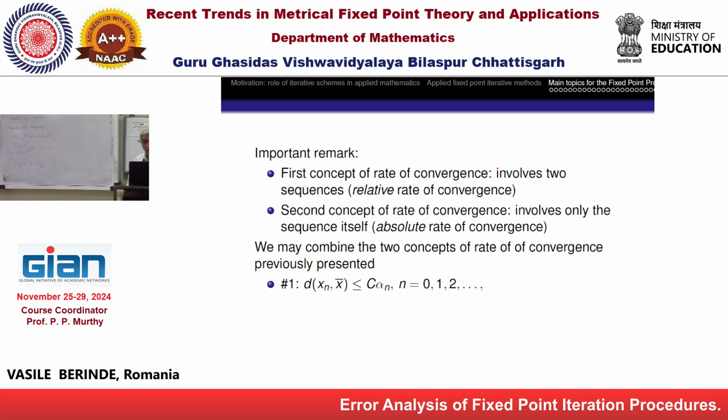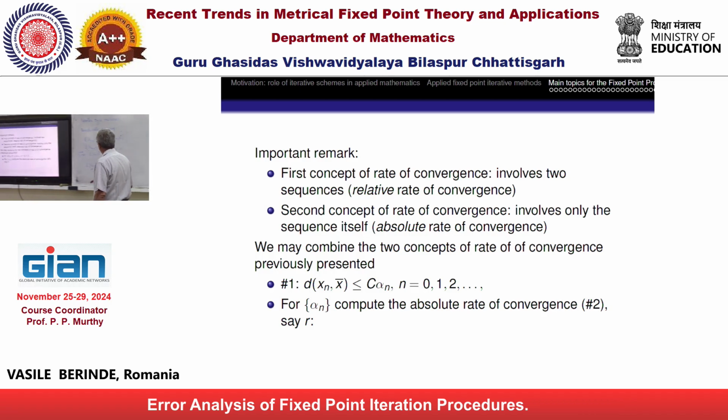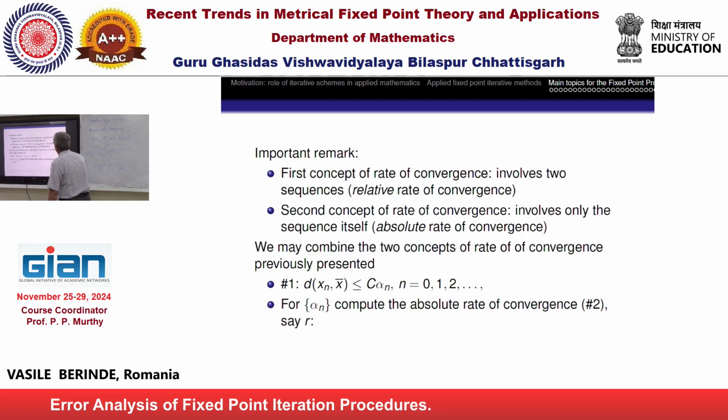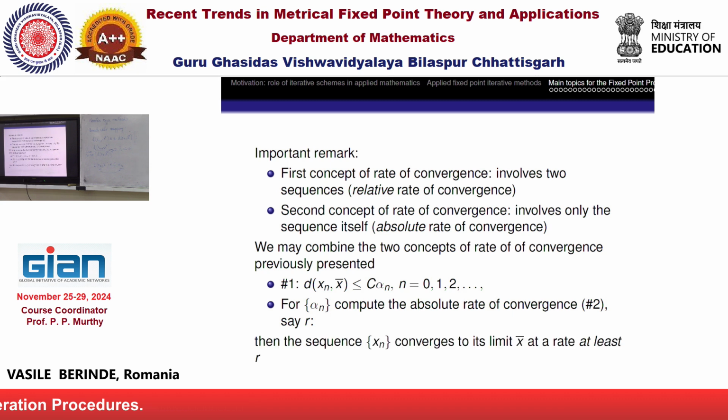How? We have this rate of convergence number one, I wrote here. If we can compute for alpha n the second concept of rate of convergence, let's say R, so what does it mean?